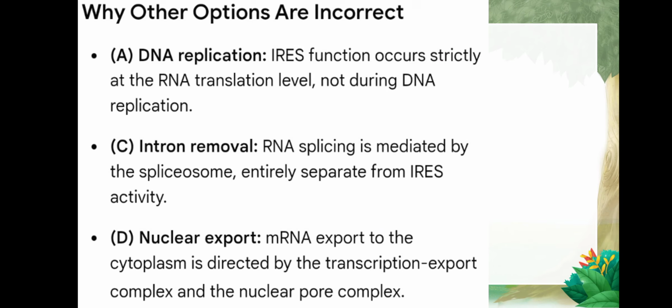Option A is DNA replication. Replication is not related to this, because IRES is related to translation. So this option is wrong. Intron removal is another process, RNA splicing, and is mediated by the spliceosome. So this is also not relevant. And nuclear export, mRNA export, is directed by export proteins, isn't it?